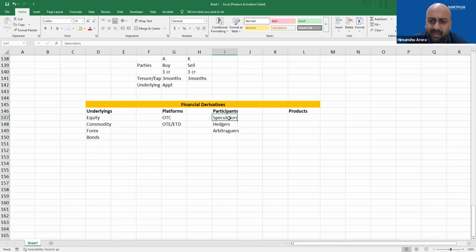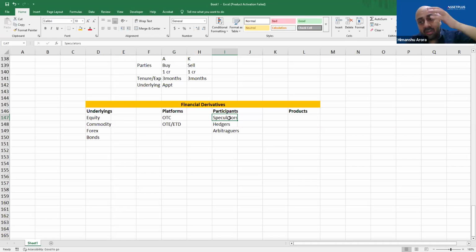Of course, he is worried about the prices going down, but because he has to run his house, because he has to get his child married in 3 months, he would be requiring some amount of rupees. To mitigate that price risk, we enter into this contract, and then this contract becomes a hedging contract.